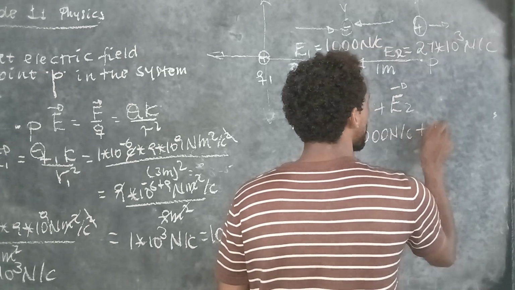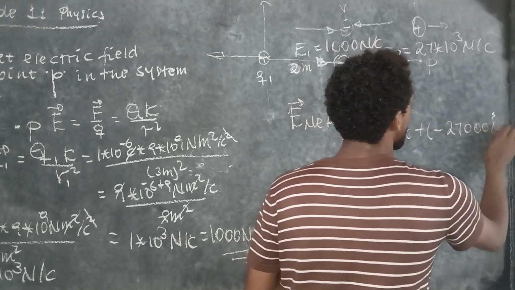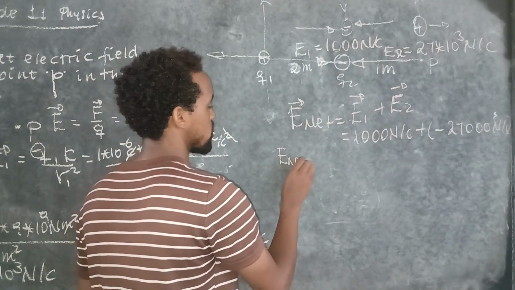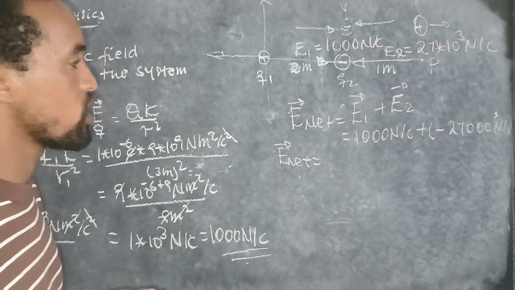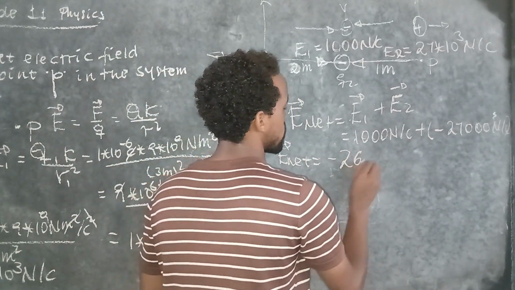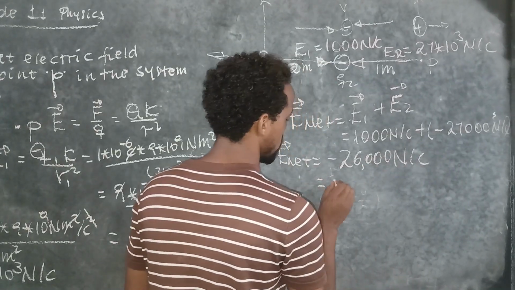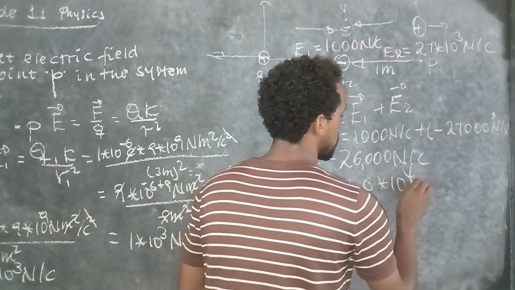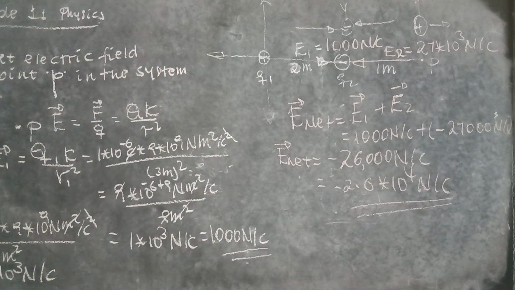So negative 27,000 plus 1,000 is negative 26,000. Write it as minus 2.6 times 10 to the power of 4 newton per coulomb. That's it.